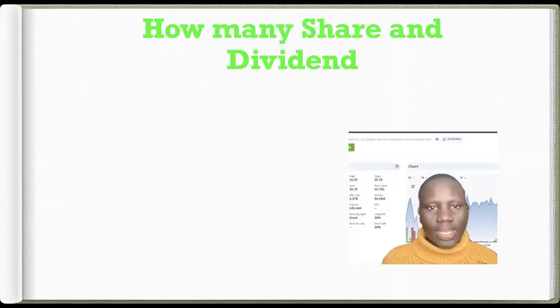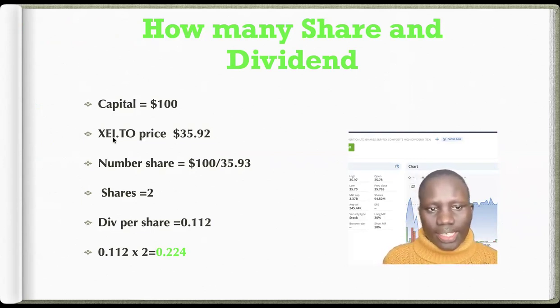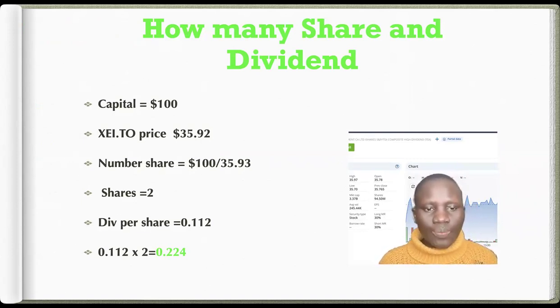So let's go ahead and do it. How many shares can you buy and what dividend do you get? Let me show you what I'm doing this month for XEI. I have a capital of $100, and the XEI.TO price is 35.92. So the number of shares that I will get is 100 divided by 35.93. You just put that small difference so you can get the exact number of shares that you want, which is 2 shares.